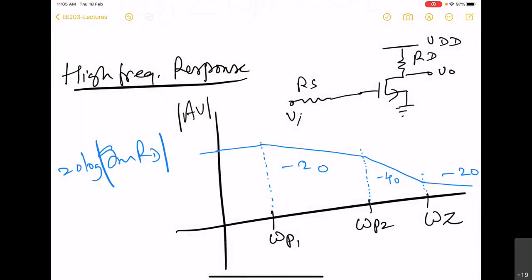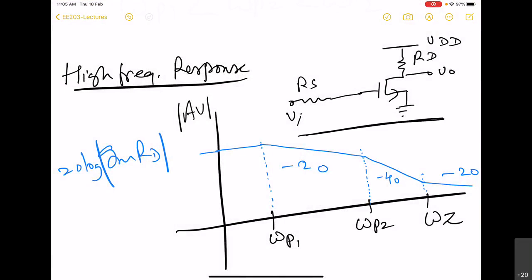So this is the circuit that we analyzed. In fact, this was the second circuit which we analyzed. In the first version, we had excluded this RS, which we included later on. So for this circuit, we found that the magnitude of the voltage gain is going to vary like this, as shown here.